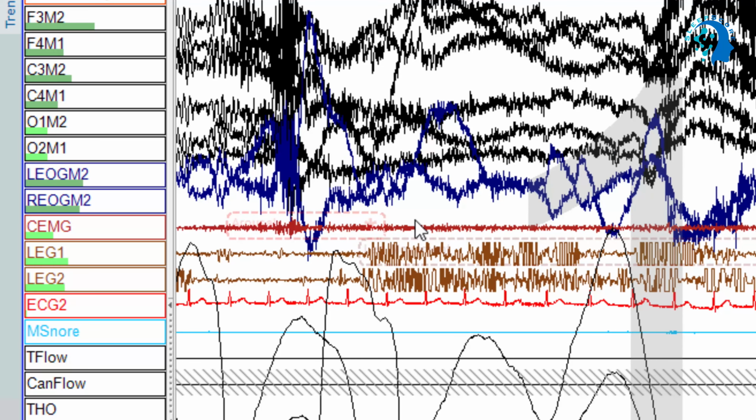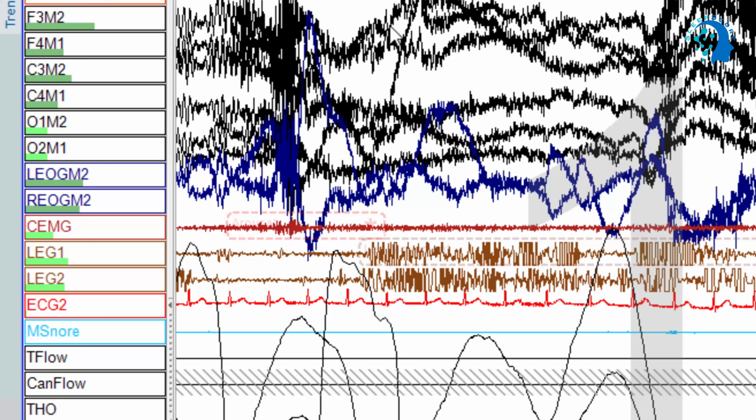Let me ask you, which one is better now? Okay, F3. Can you see F3 and F4? Which is better, F3 or F4? F4. Okay. Which one is better, C3 or C4? C4. Okay, good.